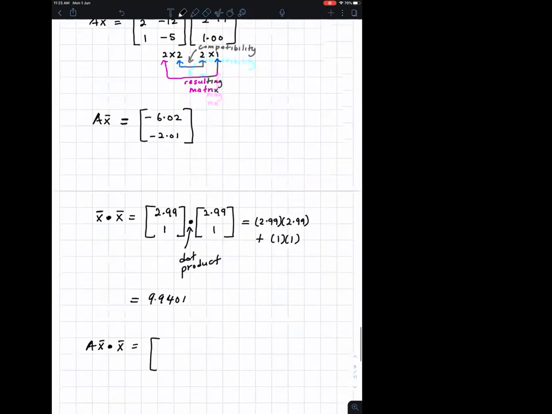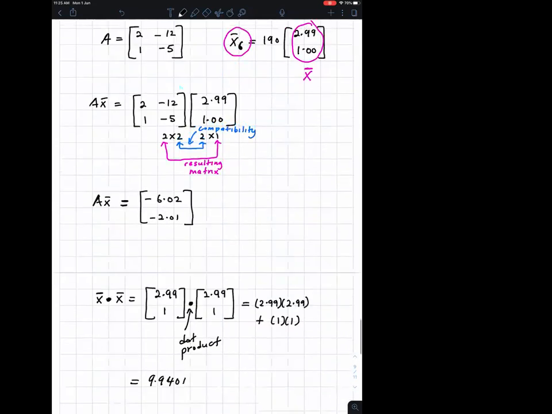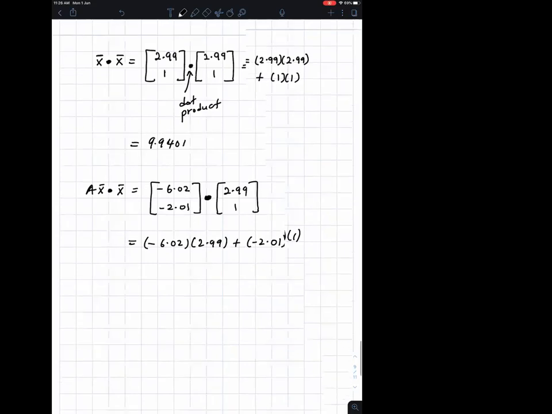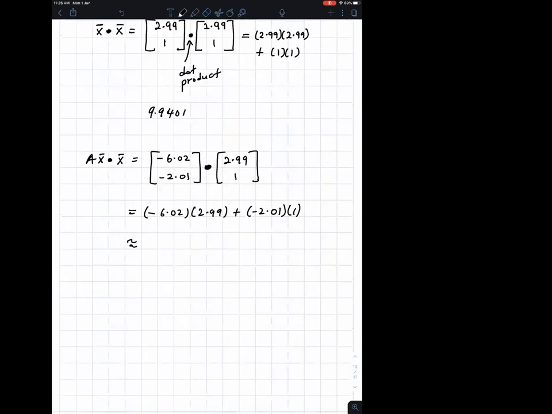AX bar, we already calculated earlier, so minus, dot with.